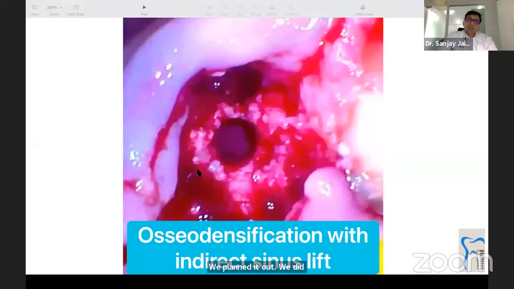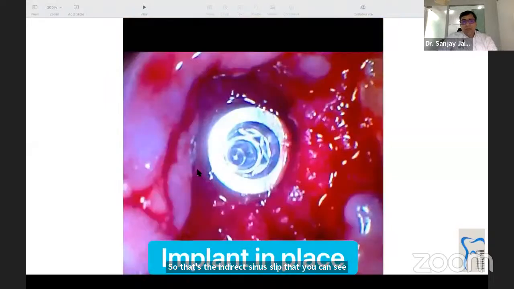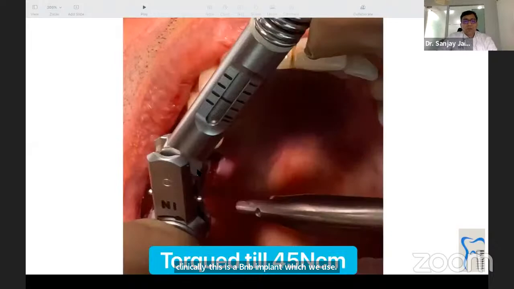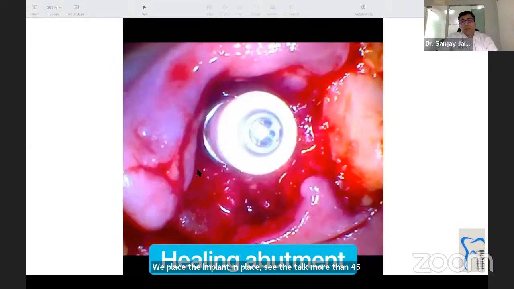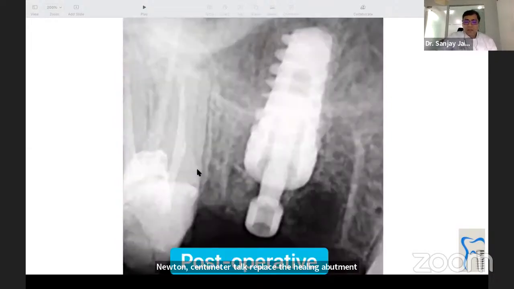So that's the indirect sinus lift that you can see clinically. This is a BNB implant, which we use. We place the implant in place. See the torque, more than 45 Newton centimeter torque. We place the healing abutment, grafted that side, sutured it up, and we gave a prosthesis later on in this case.